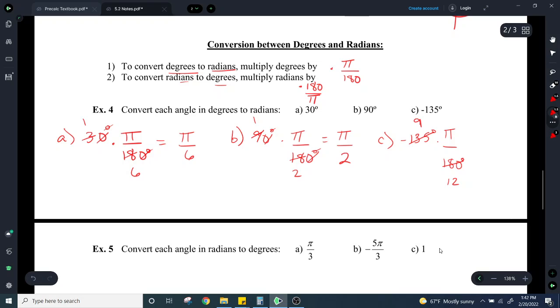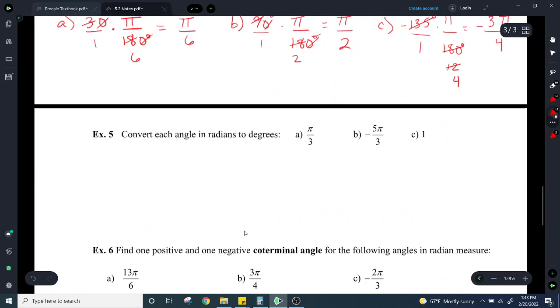So actually, those reduce again, don't they? 9 and 12 will both reduce again. So I think 45 was the multiple I should have used, the largest common multiple. I used 15, not a big deal, just reduce them again. 9 divided by 3, of course, is 3. 12 divided by 3 is 4. So what do I have? I have negative, of course, don't forget the negative. Negative 3 pi over 4. And I didn't do this, but if you want to put these over 1, if that helps, you can do that, of course. So negative 3 pi over 4 is what that reduces to.